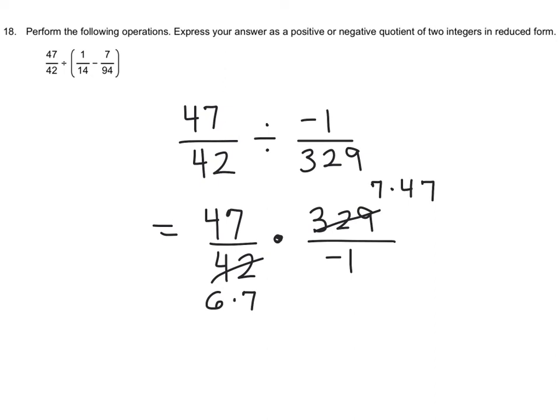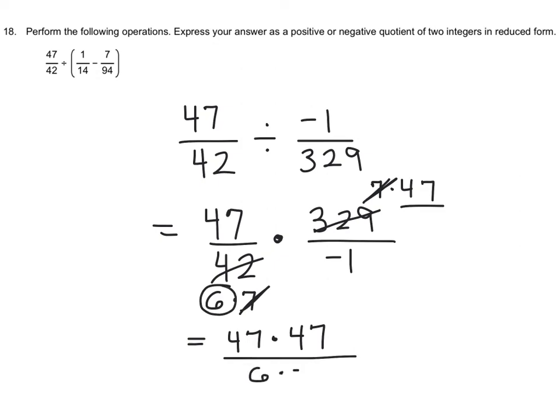So now if we look, we can see that I have a 7 on the bottom and a 7 on the top that I can cancel out. So now my problem becomes 47 times 47 over 6 times negative 1.